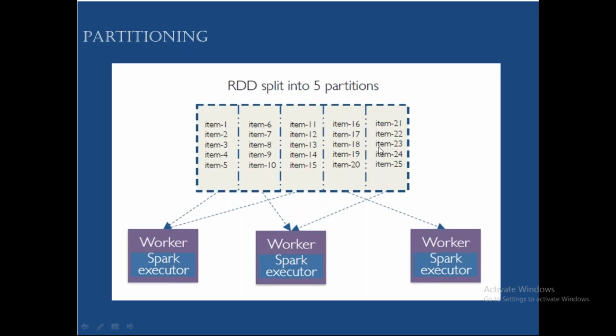We have a total of 25 records, and you divided these 25 records into 5 partitions. Partitions 1 and 3 are submitted on the first computer, the second and fifth partitions on the second computer, and the fourth partition on the third computer. This is how it processes data in partitions with parallelism, because all these computers are going to execute this data in parallel.